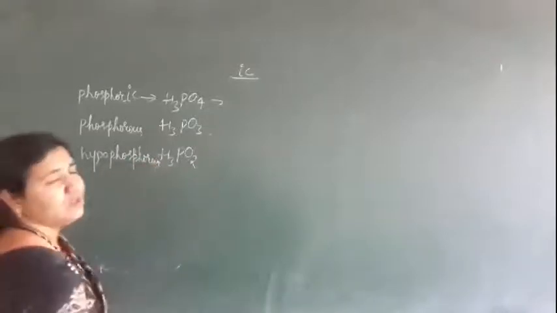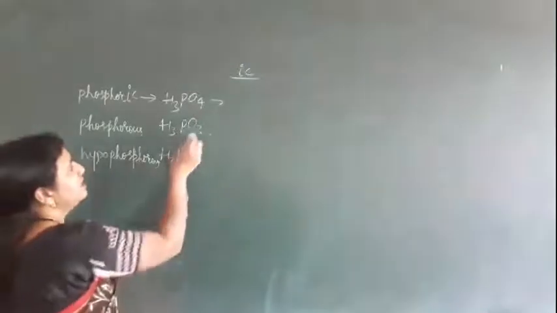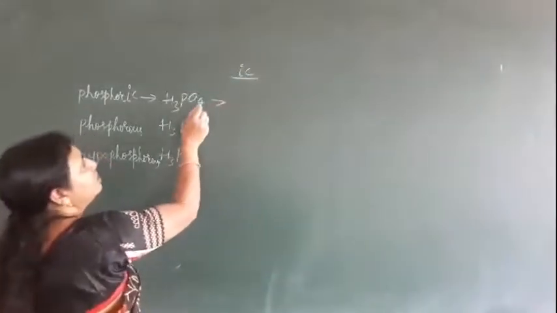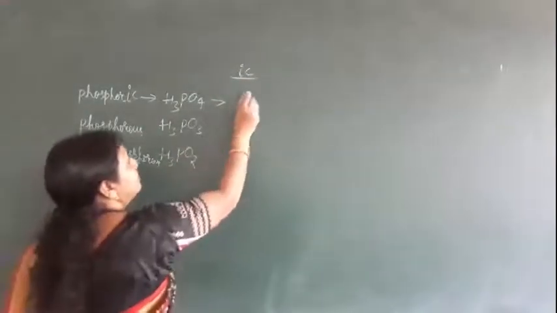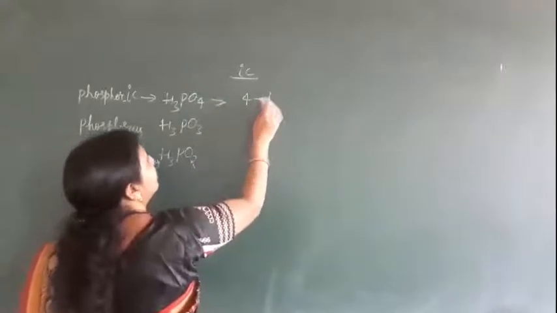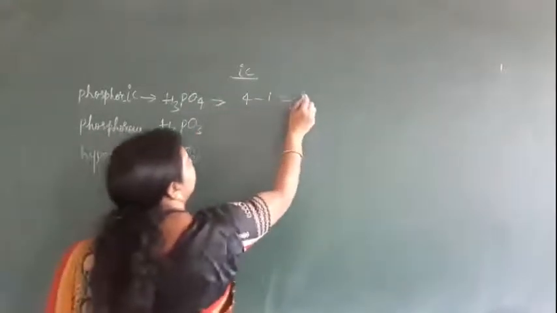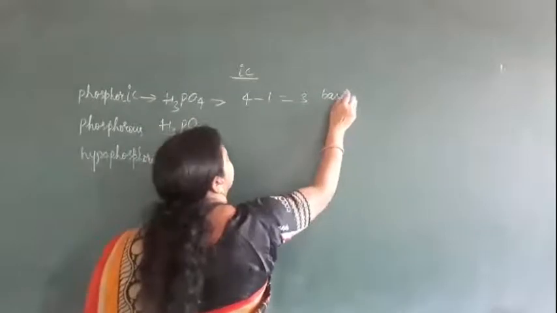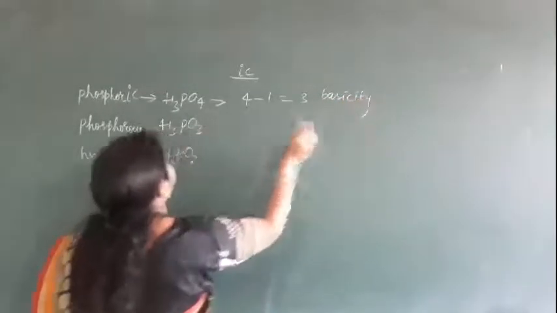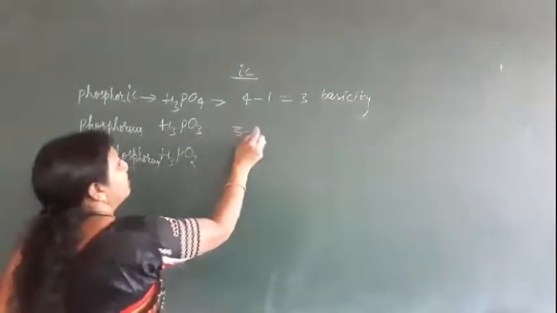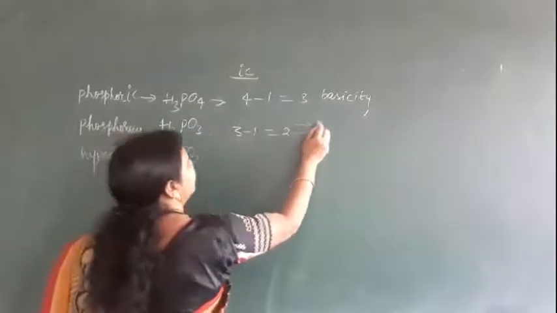Okay, hypophosphorus. Now, if you want to find the basicity directly, look at how many oxygens there are, and just subtract 1. 4 oxygens, minus 1, so 3 will be its basicity. Similarly, here 3 oxygens, minus 1, so 2 will be its basicity.